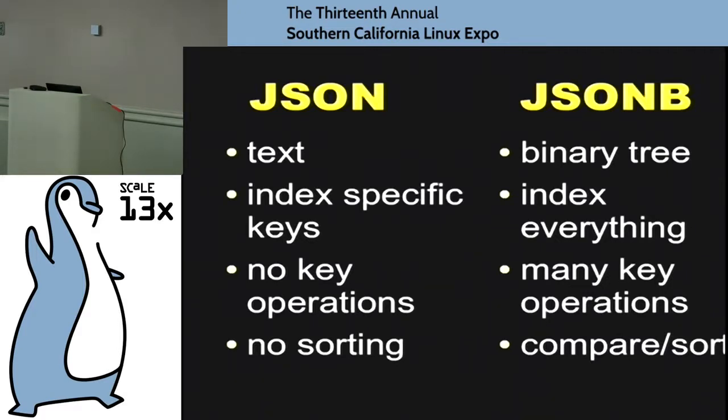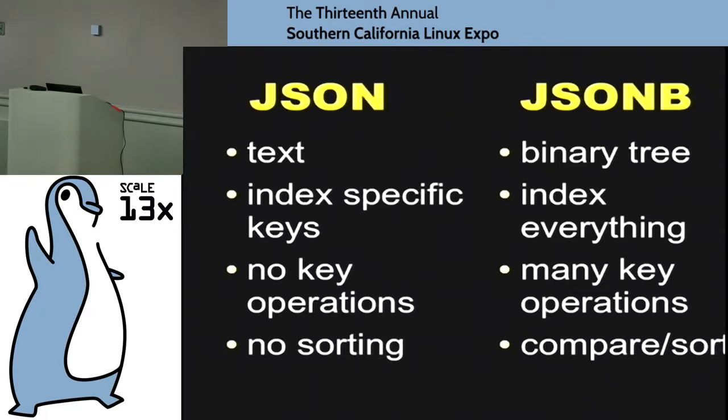And because it's stored in a way that has an internal structure that points to the various keys in the JSON value, we can actually create a generic index over everything. And we can do key operations, things like has all of these keys and get me the list of keys from this as an array, and doing all kinds of other things. And because it is a normalized binary structure, we can do comparisons and sorting, and you'll see more of that later.